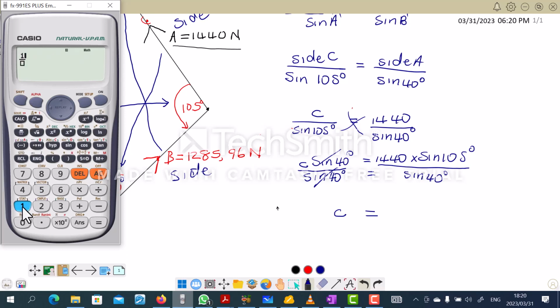Fraction form is 1440 sine 105, and in my denominator I have sine 40.